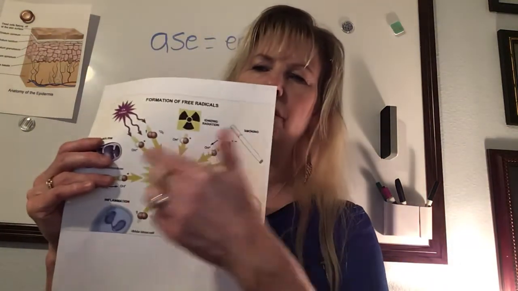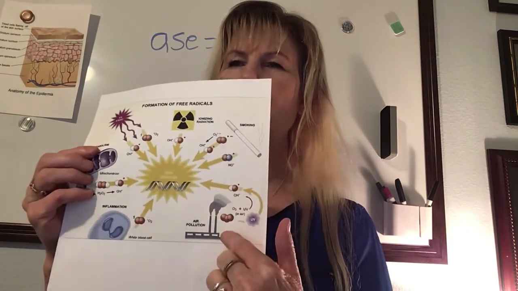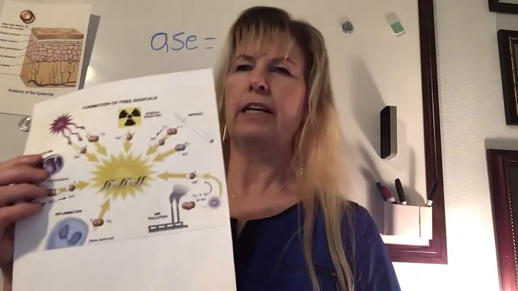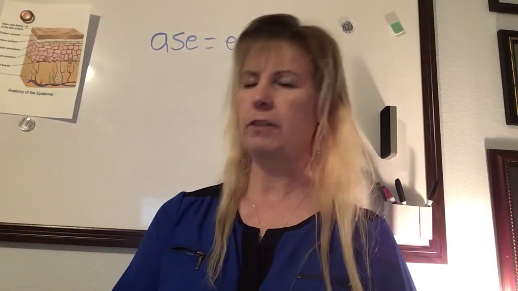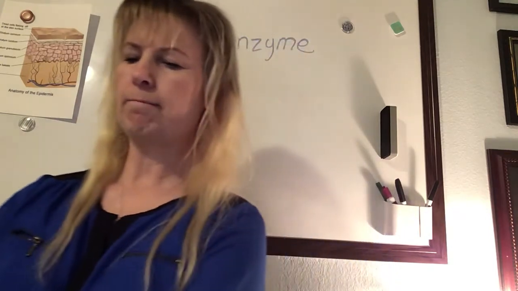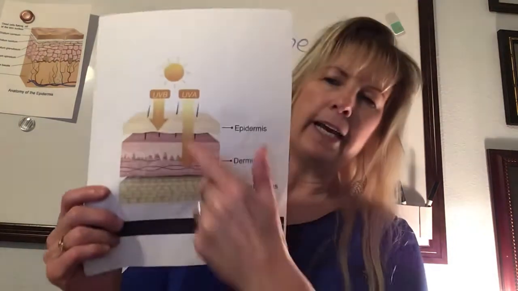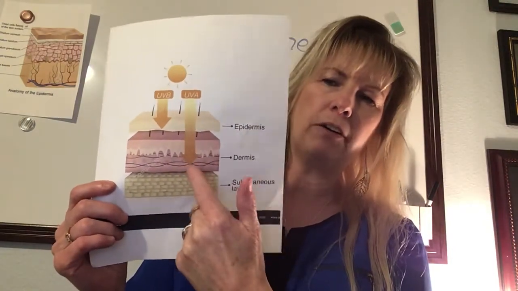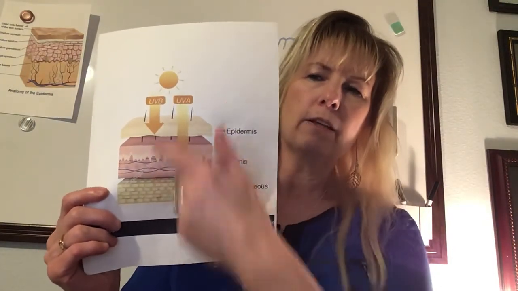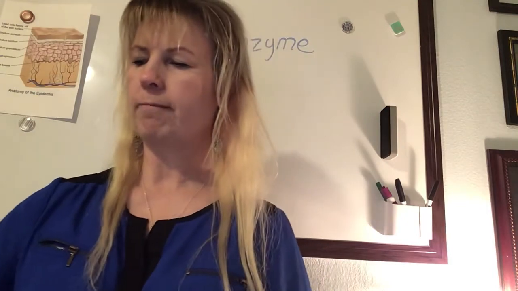And so the UV rays, also smoking and pollution from factories and other environmental influences do break down our collagen and elastin. The UVA goes all the way down here into your dermis. The B stops at the lower epidermis. So that's why they say A for aging.